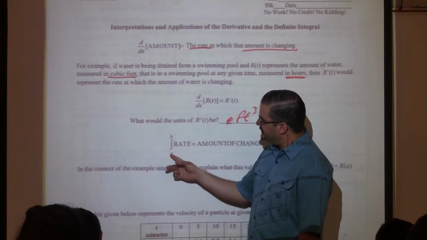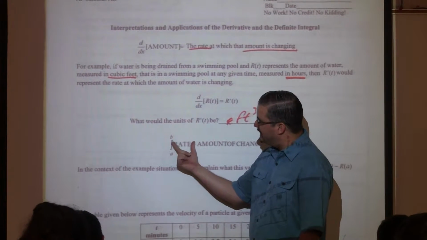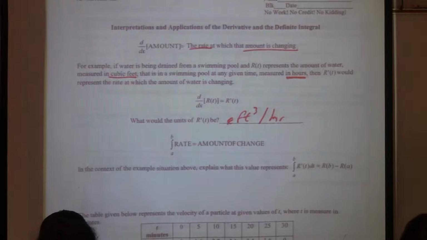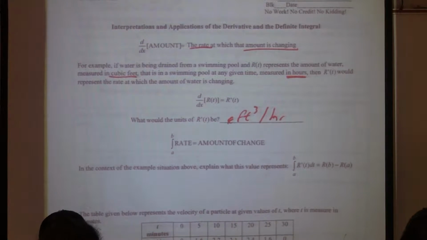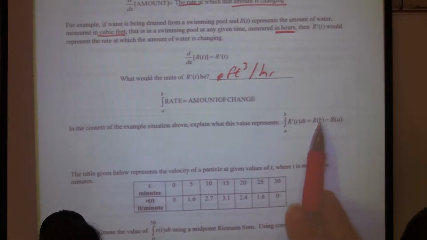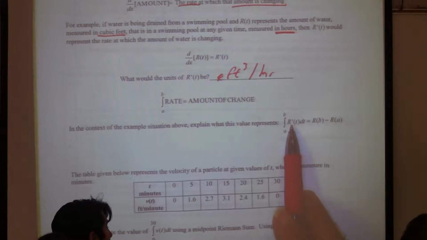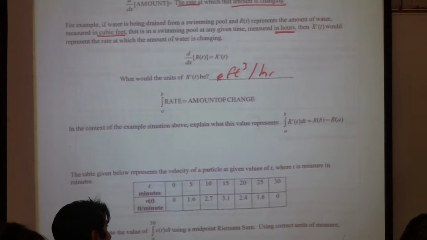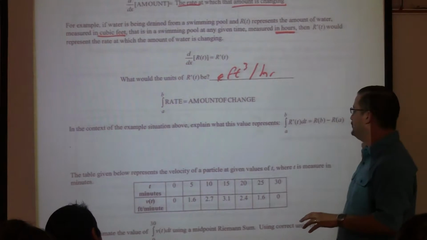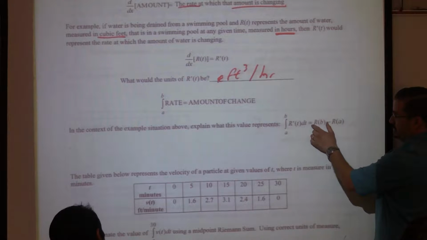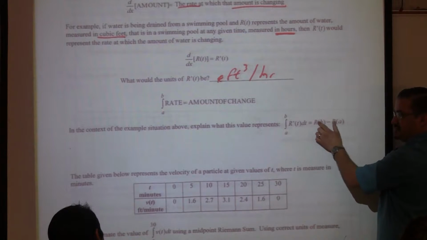If I were to get the integral from sometime to sometime of something that was a rate, then it should equal the amount of what? The amount of change, right? So remember, when I integrated this rate, which was R prime, the rate at which the amount of water in the pool was changing, what would I end up with? The amount of change of what?